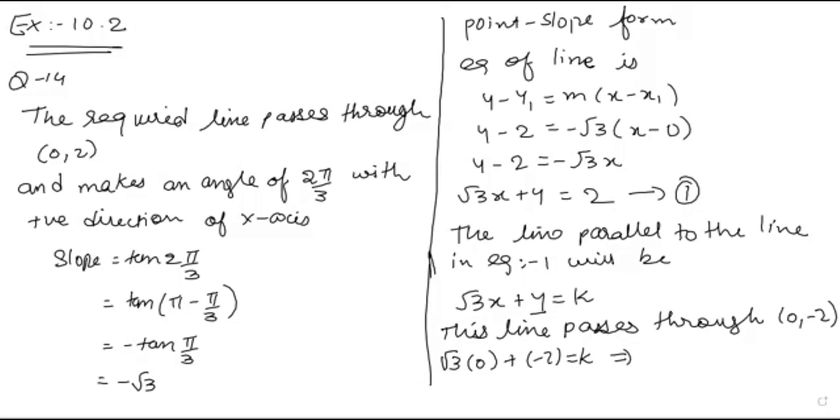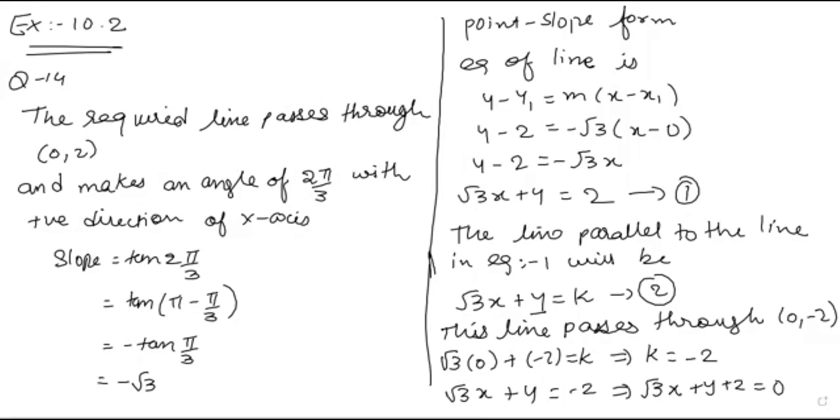So I will get the value of k as minus 2. So keeping in equation 2, I will get root 3 x plus y is equal to minus 2, that is root 3 x plus y plus 2 equal to 0. This is your required line.